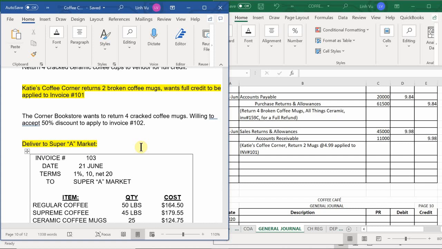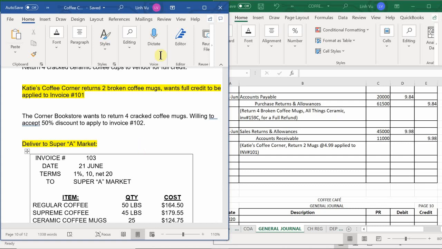Maybe Albert talked to him and convinced him to keep the mugs because they're broken, and gave him a 50% refund. And he agrees. He wants it applied to his invoice 102. So in this case, we are going to give him a discount off of those mugs, and we're going to apply it to invoice number 102.